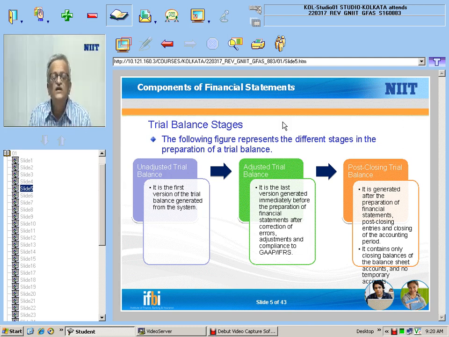All these items have to be taken into account. These items are required to meet the compliance of the accounting standards. So once these items are taken into account, accrual, deferral and various provisions, depreciation, the trial balance that you get is called the adjusted trial balance.